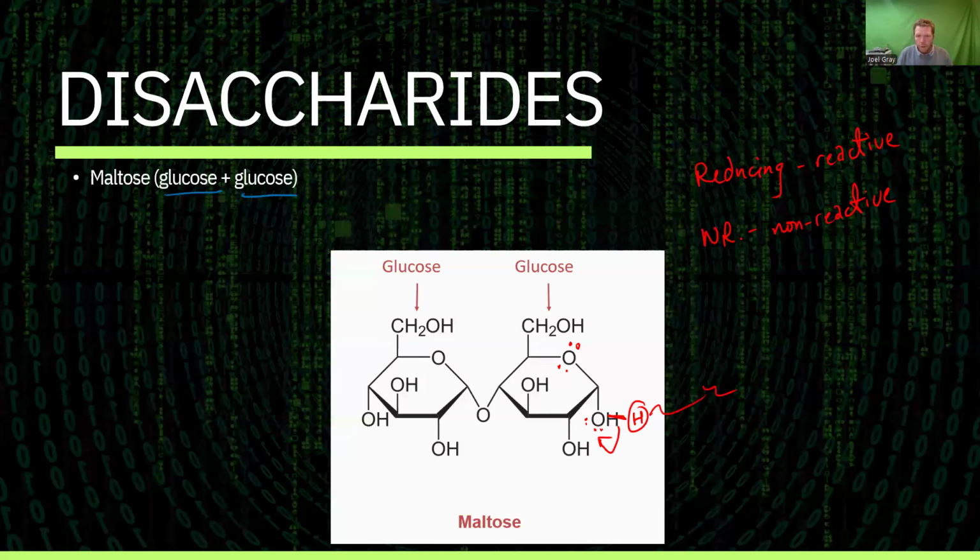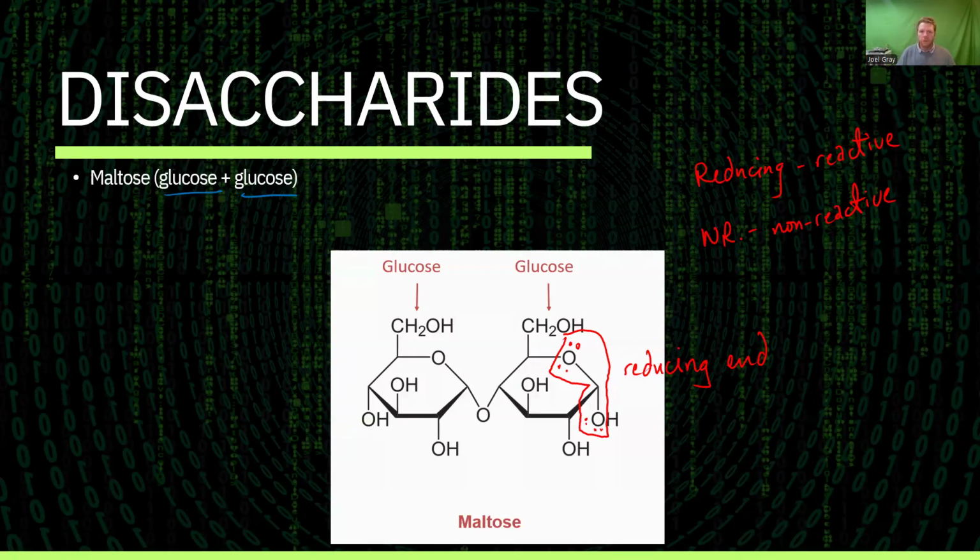Now we have the capacity, the ability for this whole thing, from this oxygen to that anomeric carbon to this oxygen, to open up. These electrons being able to jump around makes this a reducing end. If a sugar has a reducing end or a reactive end, then it is classified as a reducing sugar.